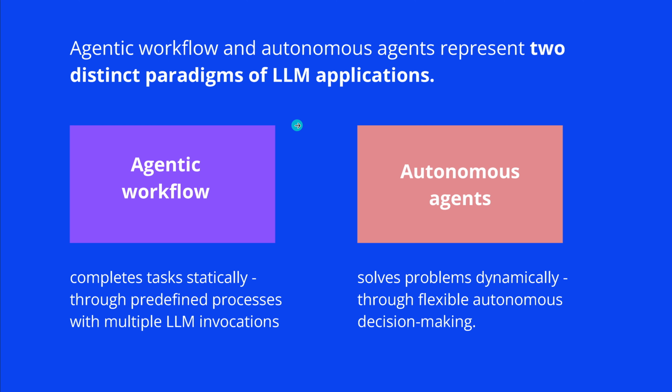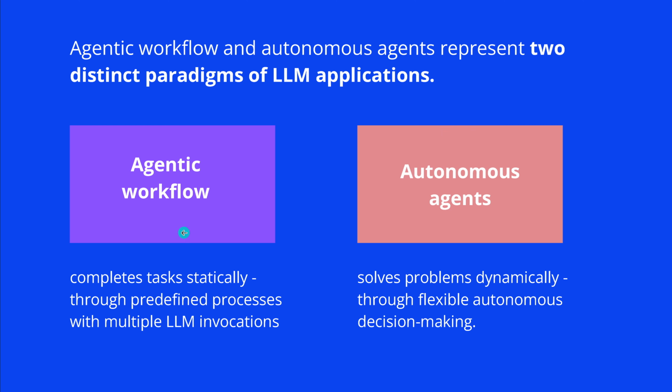They say, hey, we have two distinct paradigms of LLM applications. We have the agentic workflow and we have the autonomous agent. And they argue that these are separated entities, which you could say, really, are you sure? But never mind, let's go with their idea.